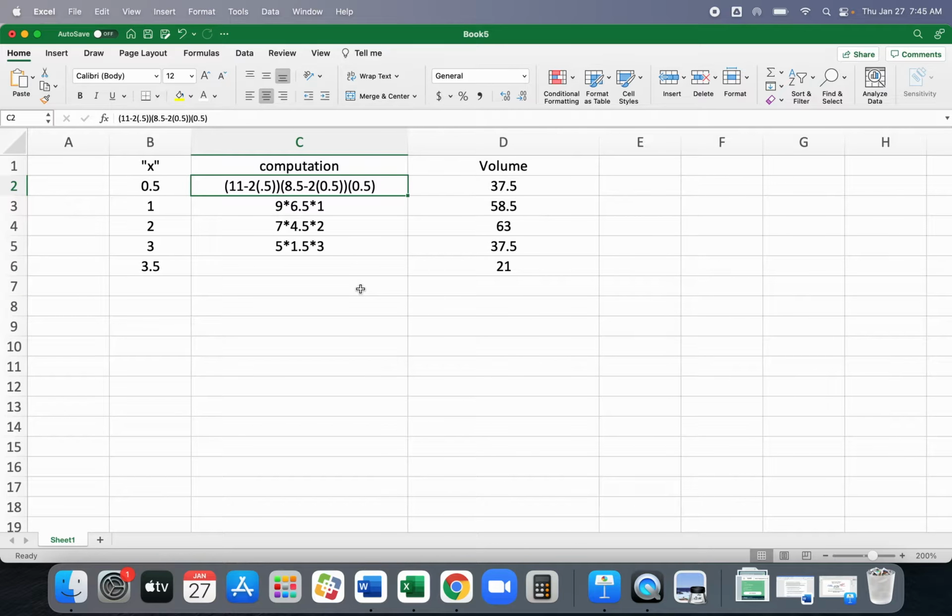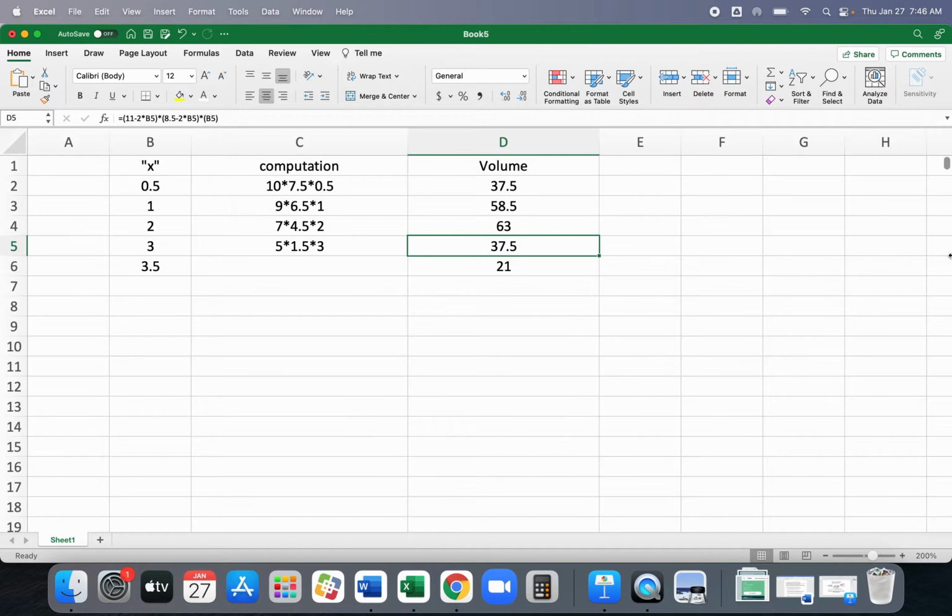So this one up here, just to write out what those numbers are, because it's kind of a mess. Now that we kind of understand this pattern, it was 11 minus 2 halves, so 11 minus 1, 8.5 minus 1, and then a 1/2 inch deep. So you can see it's this 37.5 and that 37.5 came from completely different computations, but their product is the same.